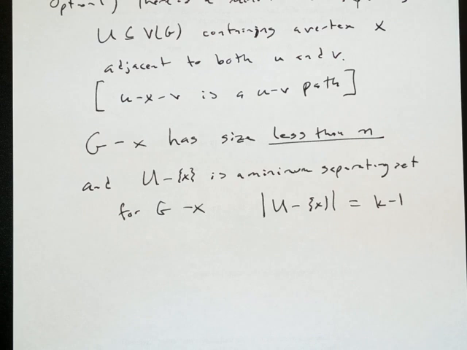This is a graph of size less than m. I've run into my induction hypothesis. In my induction hypothesis, what do I suppose? I suppose that Menger's result is true. And that means G minus X has exactly K minus 1 internally disjoint paths.